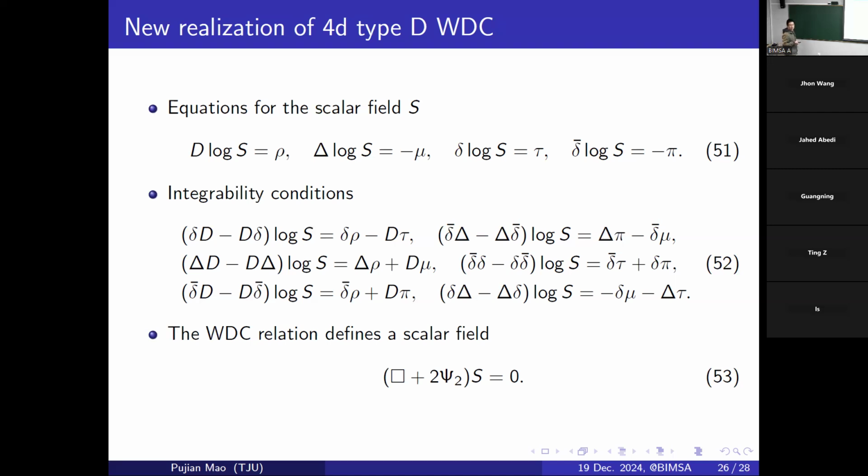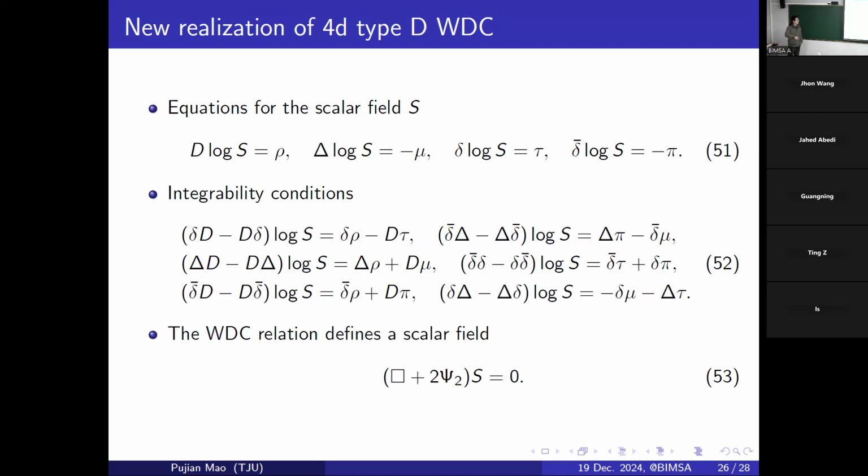Somehow this is reasonable because for type D solutions, normally you have black holes. With this source term, we believe this equation is even valid at the singularity because this psi 2 somehow compensates the singularity from the black holes. Okay, that's the second realization of the type D Weyl double copy relation in 4D.